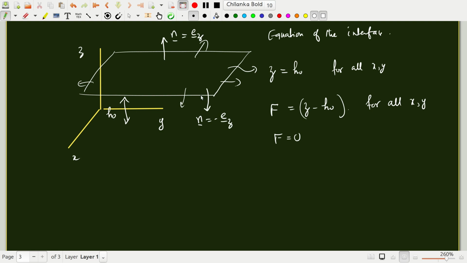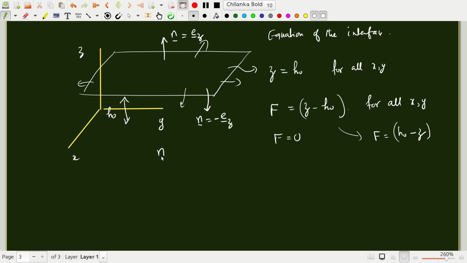If you go up, you will find a unit normal. If you go down, you find a unit normal. That also means that you can write this function as h0 minus z. So you will see very shortly that depending on how you write the functional form of the interface, the unit normal changes sign. So you first construct either this or this, and then you should stick to it. You should not change in between your calculation.